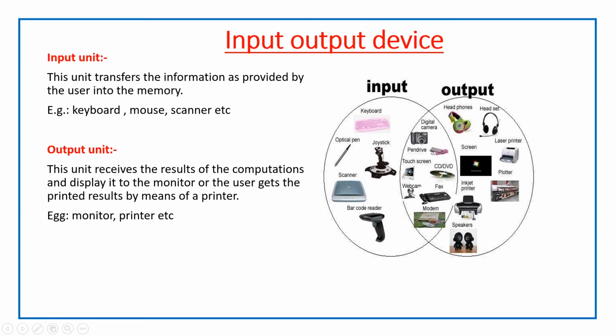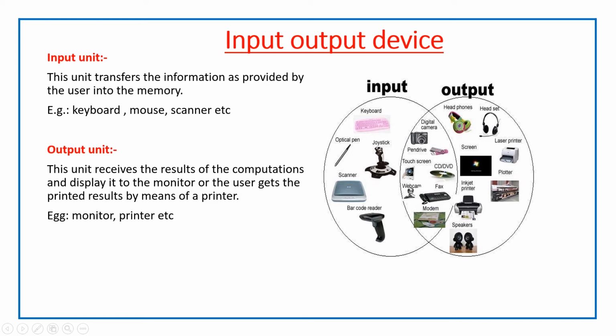So the information that the user gives is transferred to the memory through these input units. Examples of input units, we all know, are keyboard, mouse, scanner, etc.